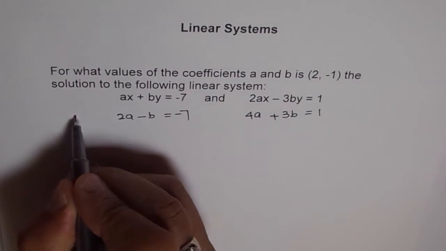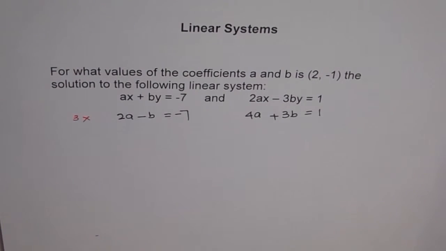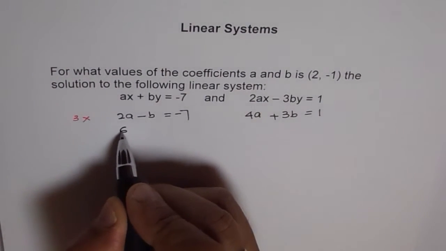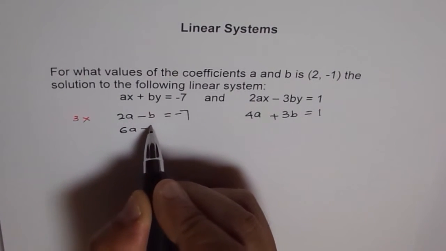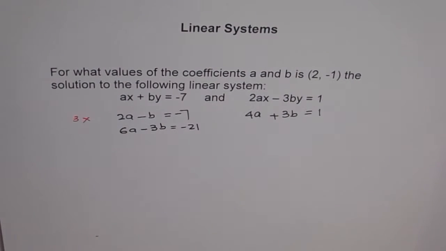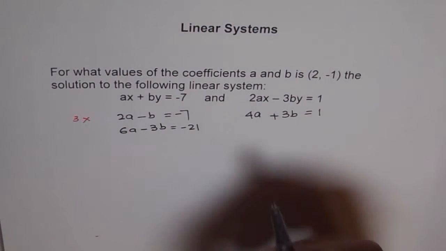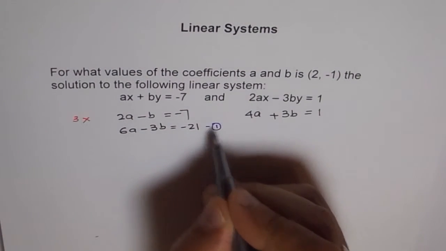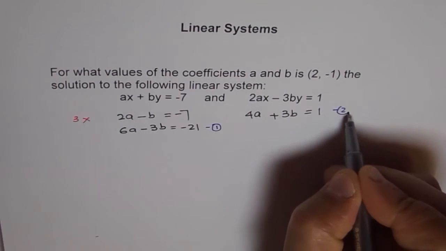So we'll say times 3 to this equation, right? If I do times 3 to this equation, I get 6a - 3b = -21, correct? And let's call this equation 1 and this equation 2.